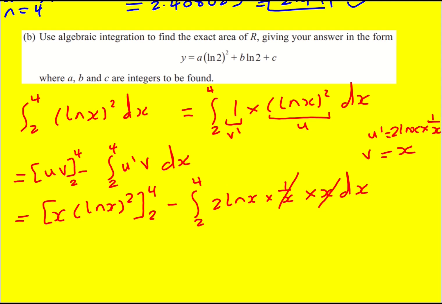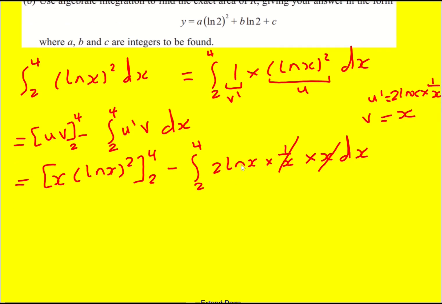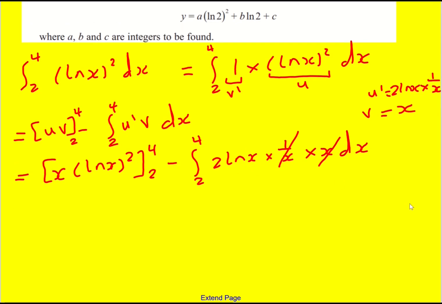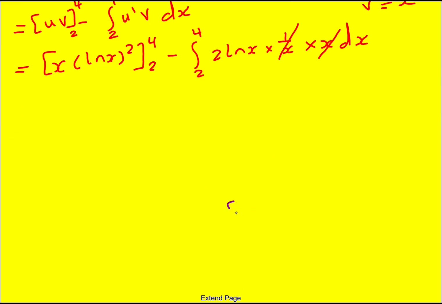Okay, these are going to cancel, and we are going to actually have to integrate by parts again to deal with the ln x. So I'll just do that down here, I think.